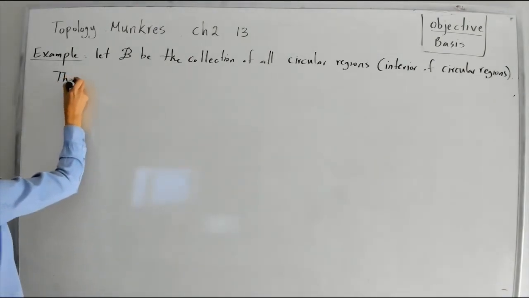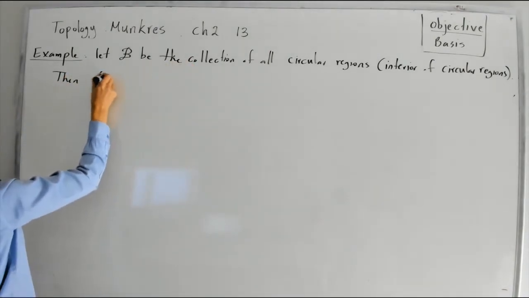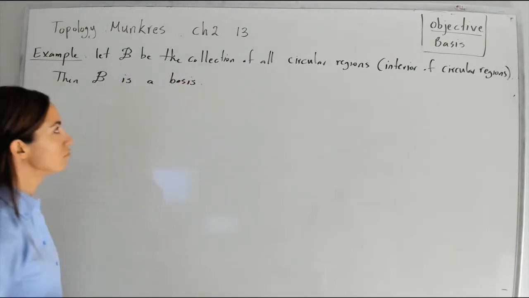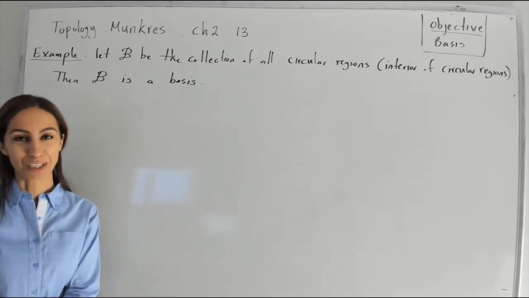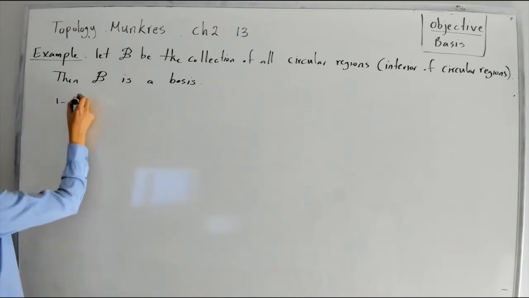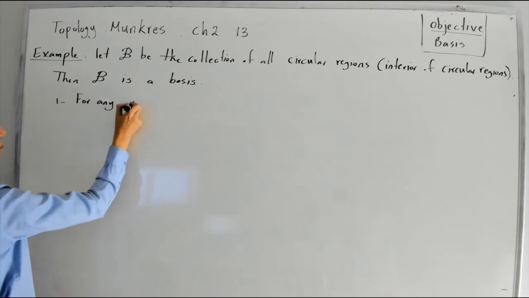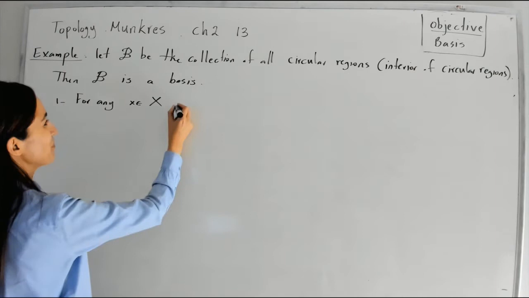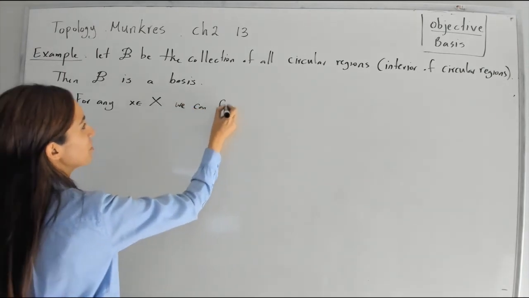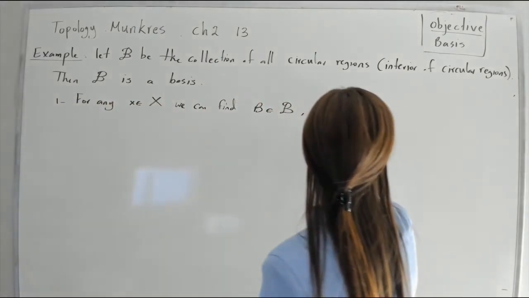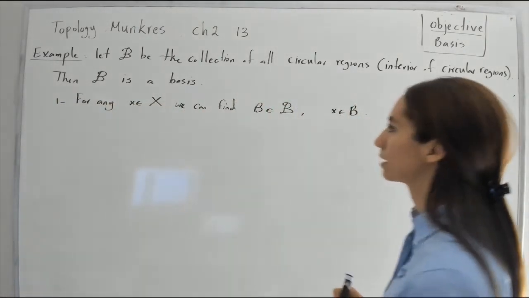Then this collection is a basis. We can check two conditions for this basis. The very first one, if you remember, for any X in the space, we can find a basis element such that X belongs to that basis element.